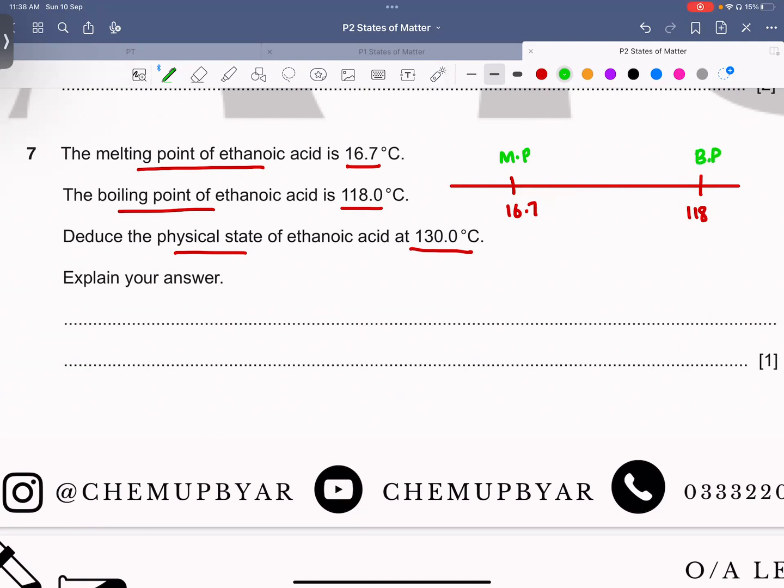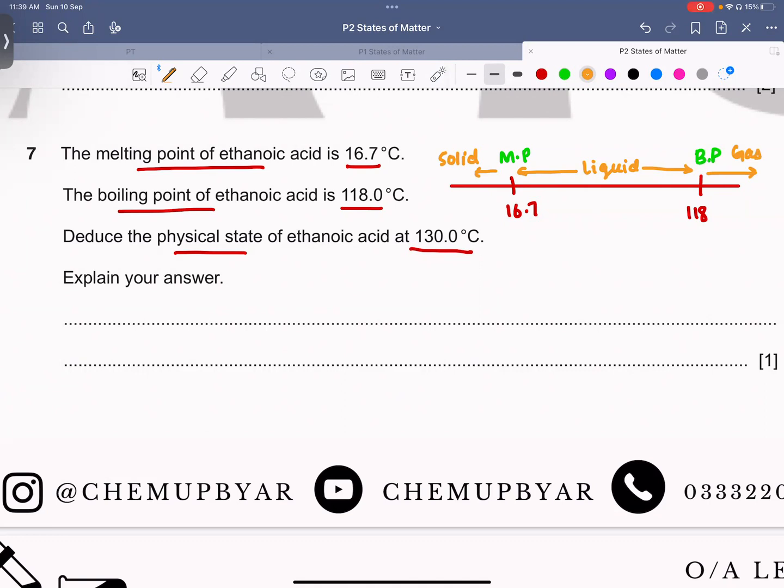Between them, the liquid state exists. Below 16.7, there is going to be a solid state for ethanoic acid, and above 118, it is going to be a gas. Is this understandable to everyone? Yes, sir.